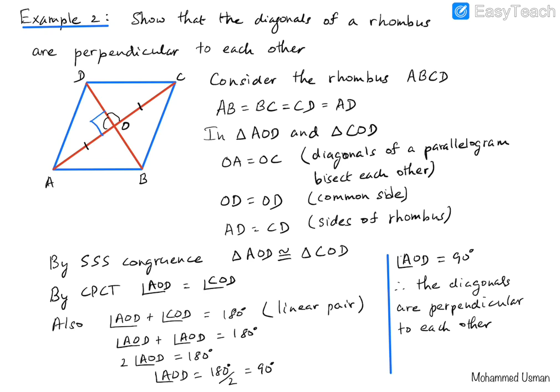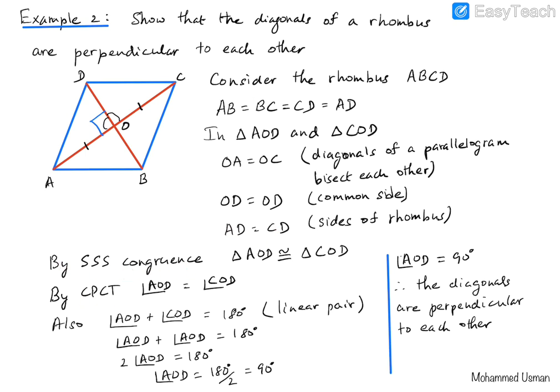We started by taking the fact that all four sides in a rhombus are of equal length, and then we took the two triangles AOD and COD and showed they are congruent by the SSS congruence rule.